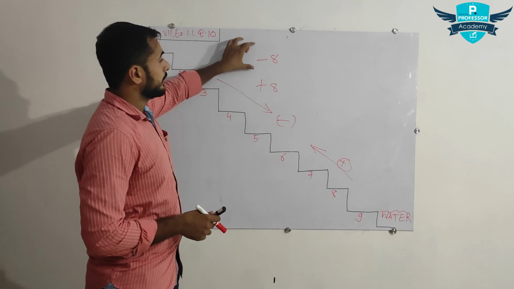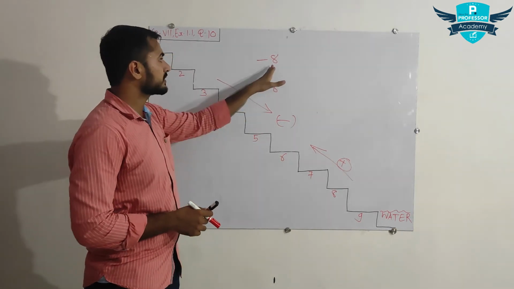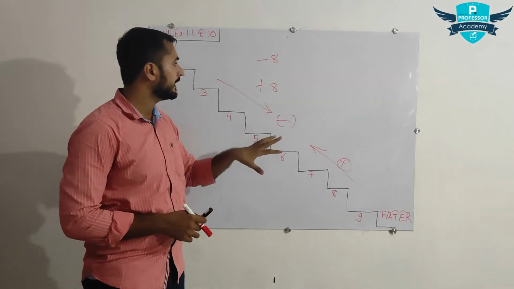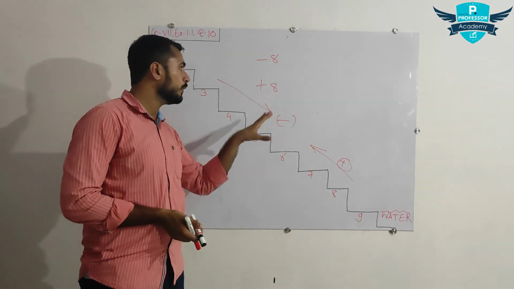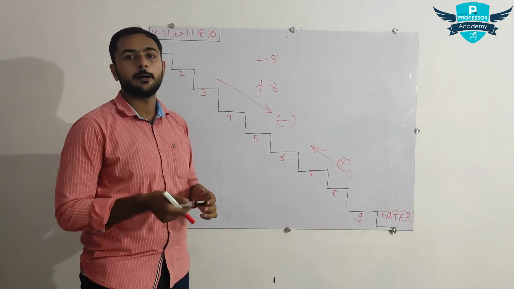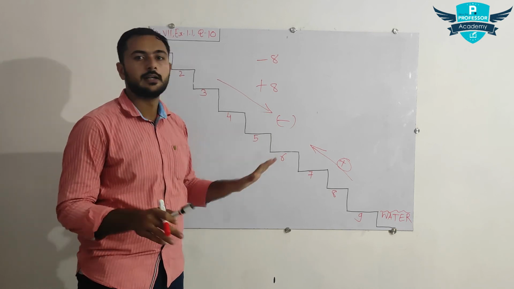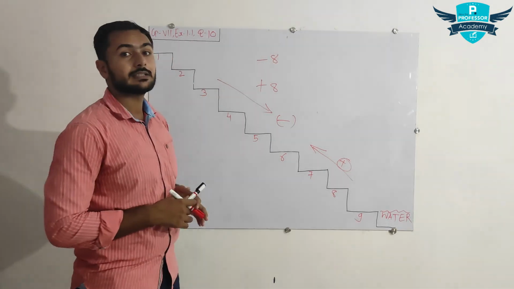So I can say that minus 8 means I moved 8 steps downwards. Then what about plus 8? Simply we'll say we moved 8 steps upwards. That's the answer for the last portion of question number 10.